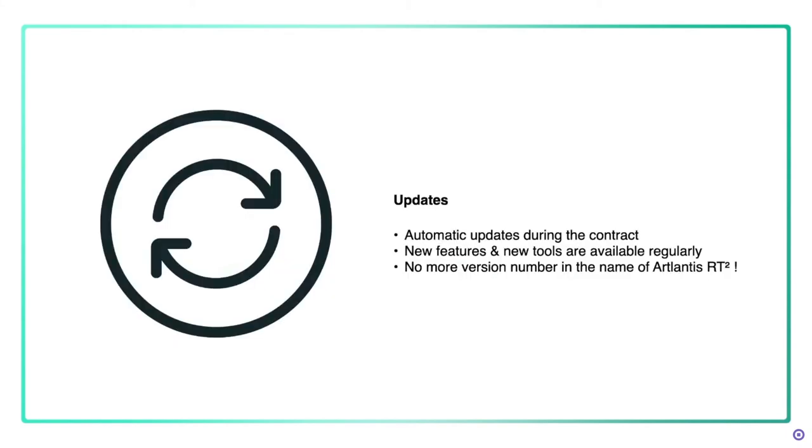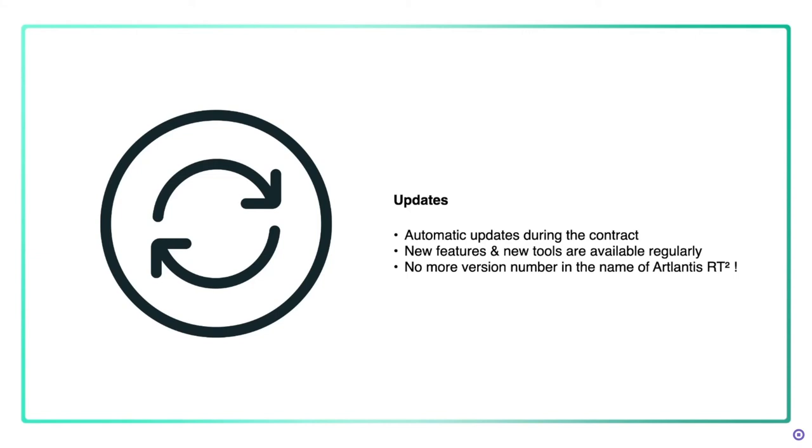First of all, it includes small updates, enhancing Artlantis RT with new features, new tools, new novelties, new possibilities, and of course fixes. These updates are not planned on a regular basis, and Studio Base 2 won't launch important upgrades from time to time.